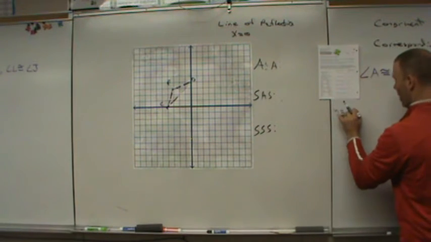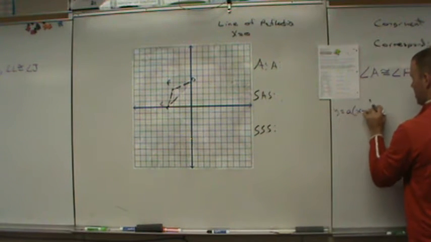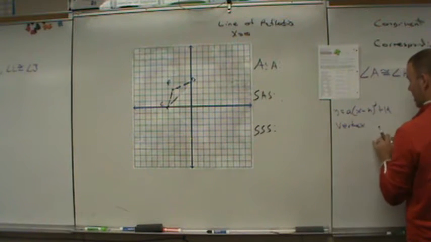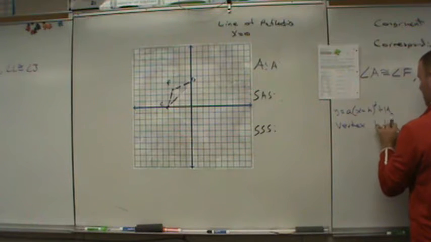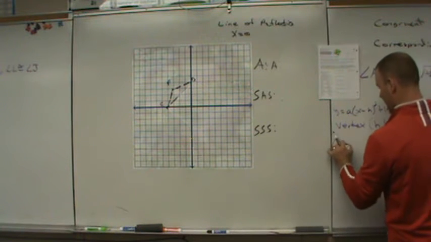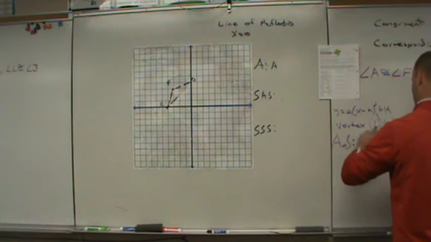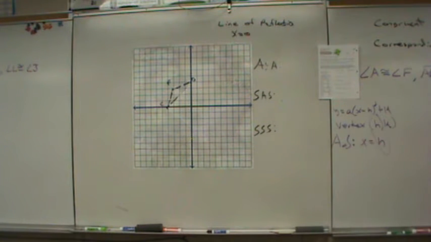Well, go back to y equals a(x minus h) squared plus k, where my vertex is h comma k. My axis of symmetry is x equals h, because in this particular case, the x minus h is relative to the x-axis.